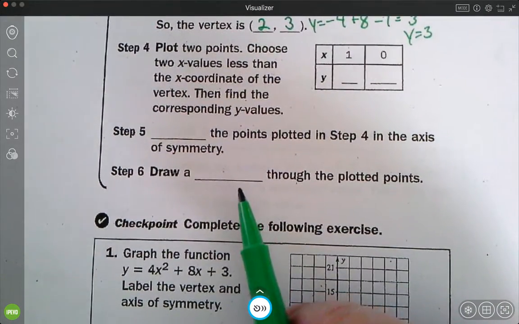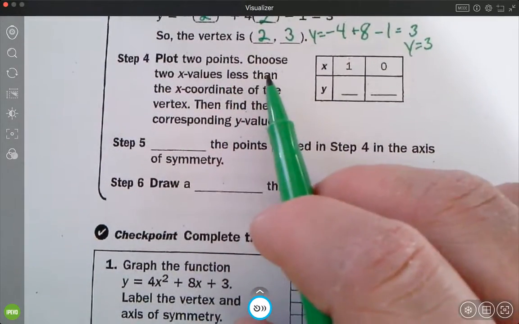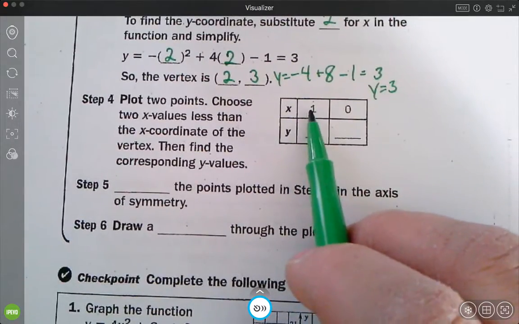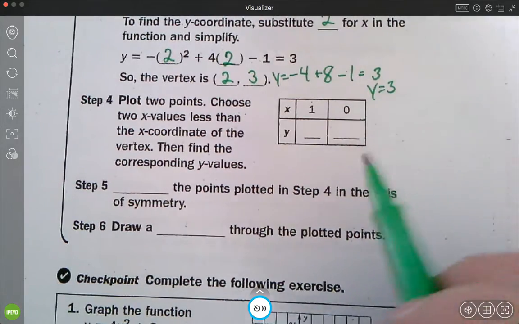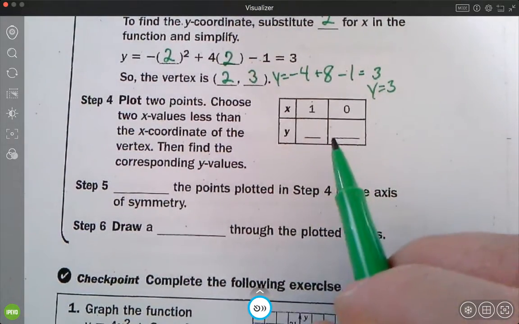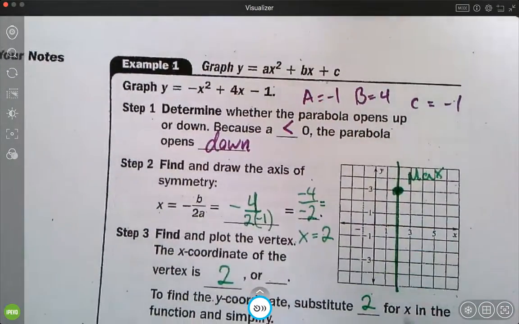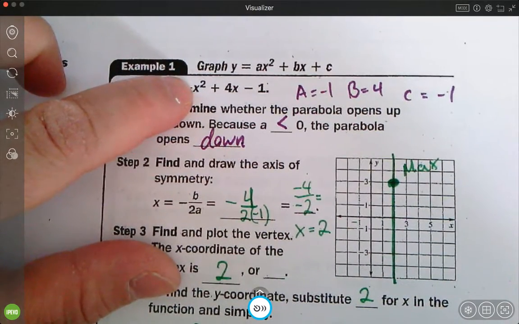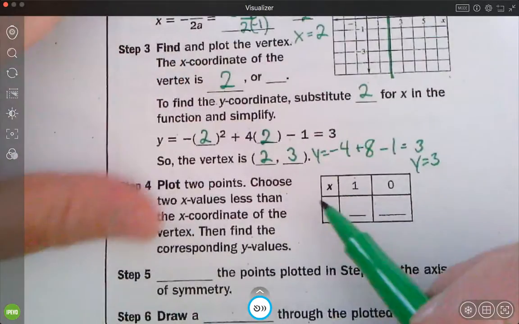Number 4, we're going to choose some x values. You can see I'm just choosing x equals 0 and x equals 1, but this is going to produce 2 other points because it's going to be on both sides of the line of symmetry. So when I put in x equals 1, I'm going to do this so you can see it.